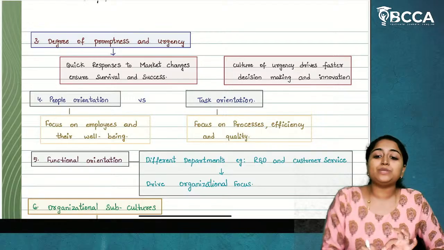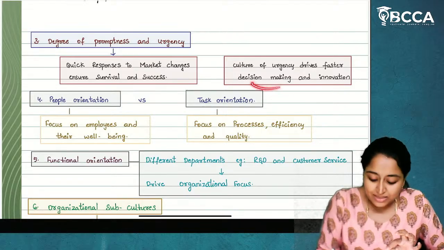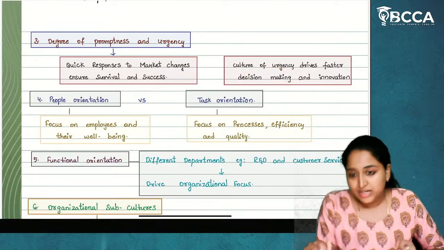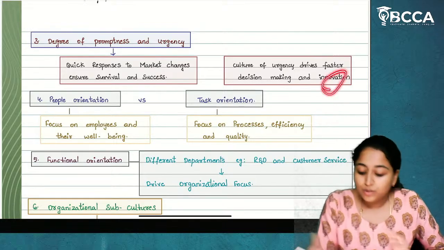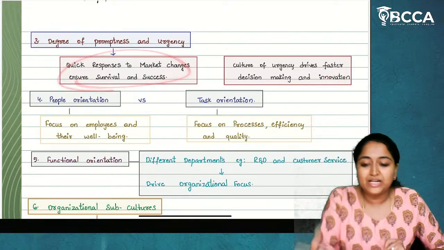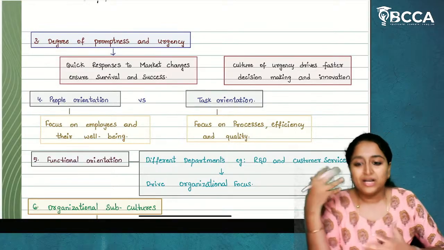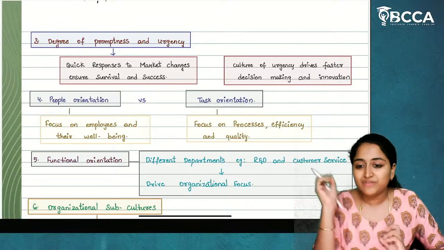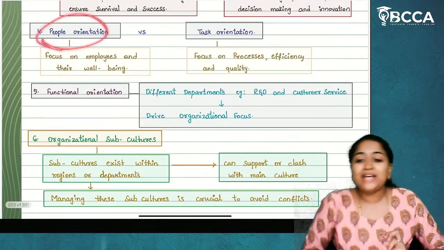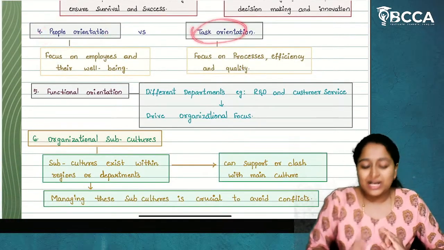Sometimes the decisions which are taken on an urgent basis will be innovative decisions. So, how quickly the market is changing, and how quickly the management is responding to it, based on that also culture will differ. And the culture can be based on people orientation or task orientation.